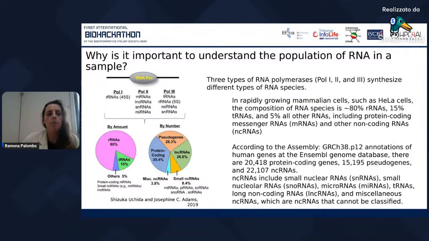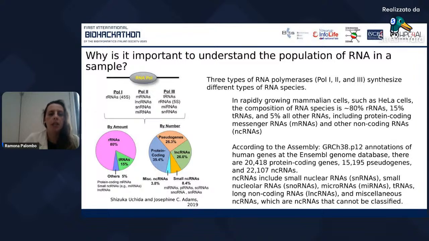But why is it important to understand what kind of RNA species we have and what kind of RNA species we can have in a sample? Because if you take a look at the graph on this part of the slide, I'm sorry, just a step behind.